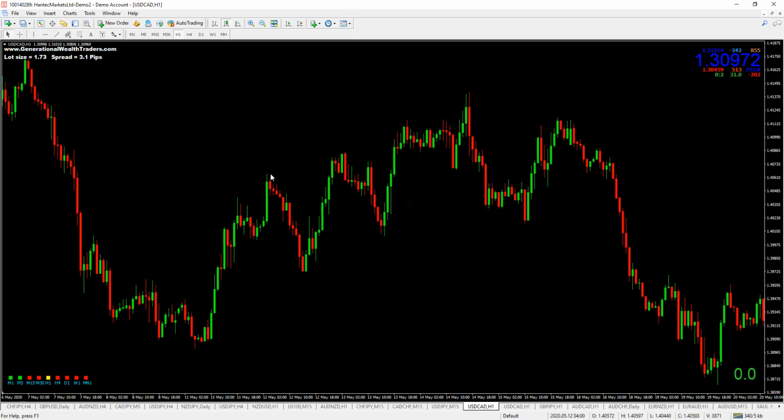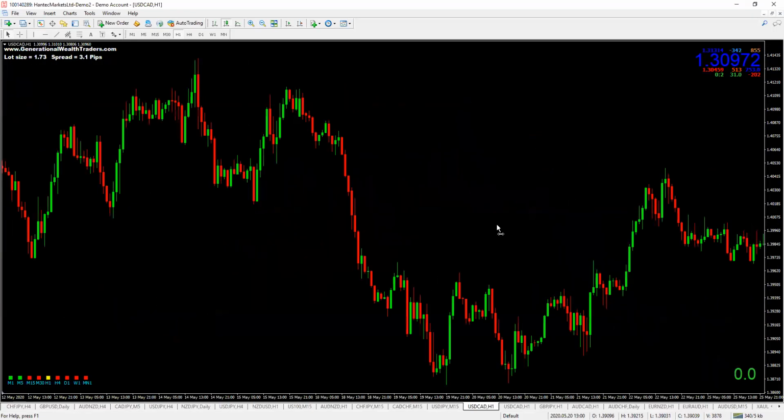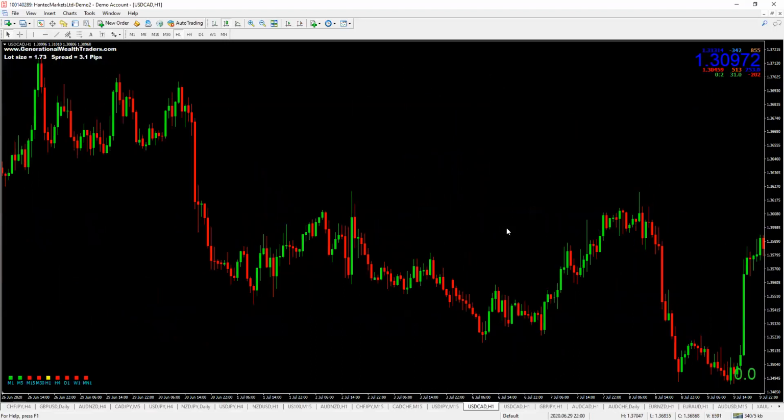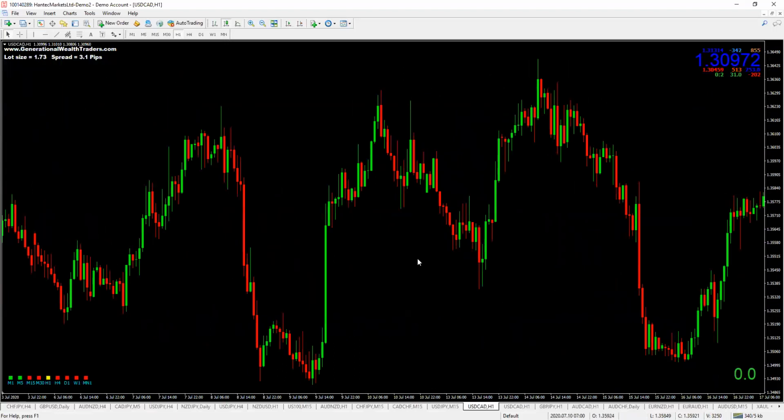A zig, zag, zig, zag, consolidation there, and then up again. That's how price moves in the market. That's why it's good to know areas of strong support and resistance.